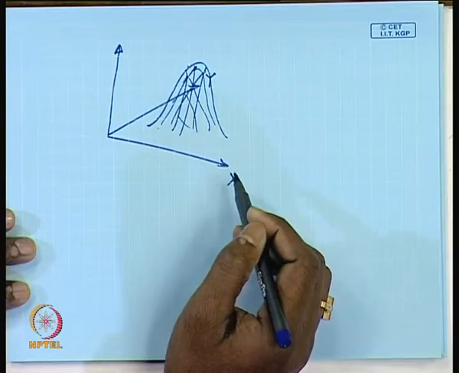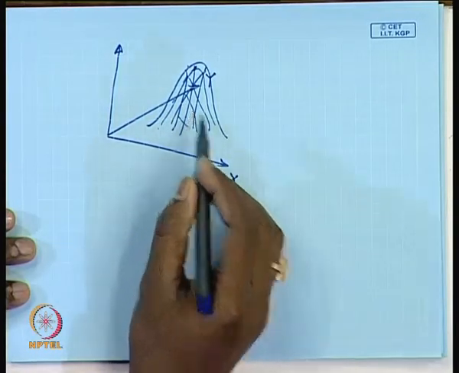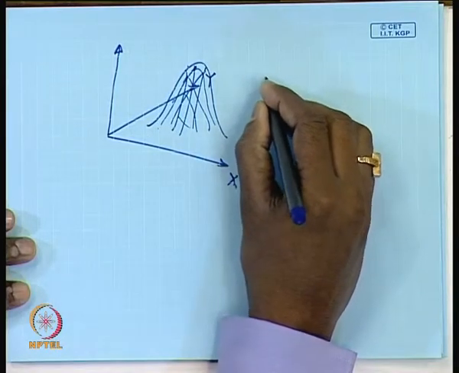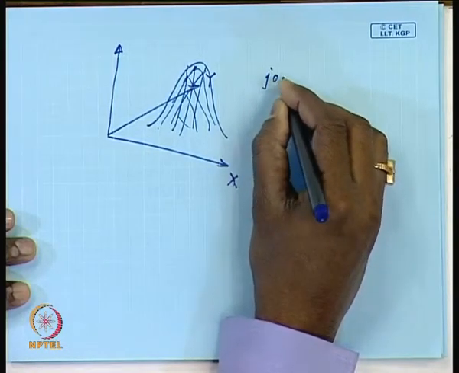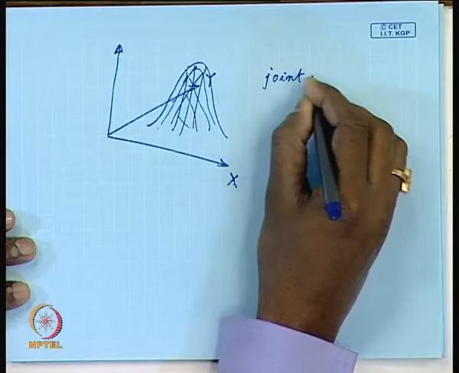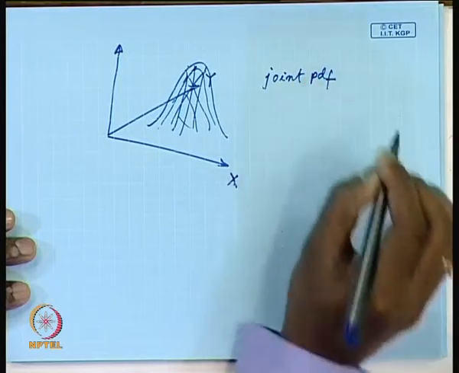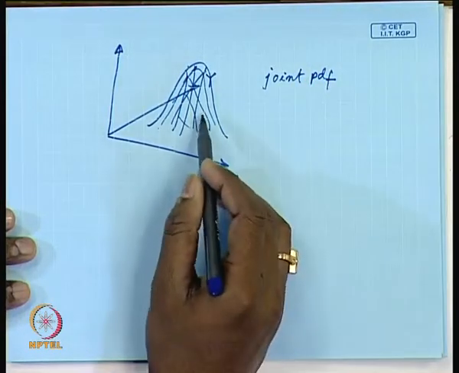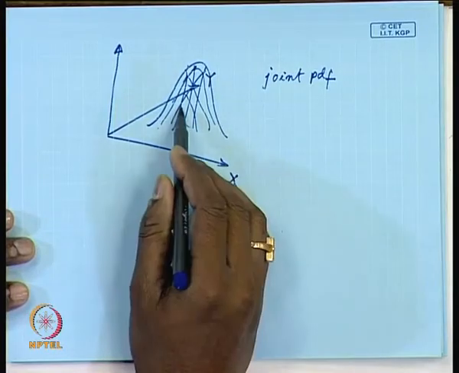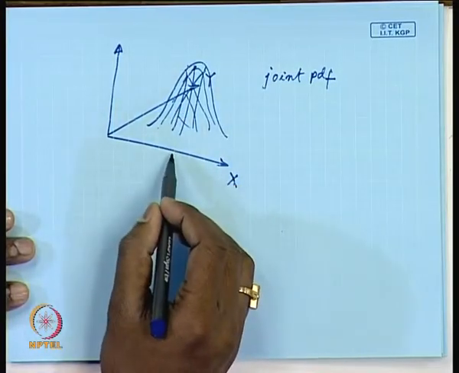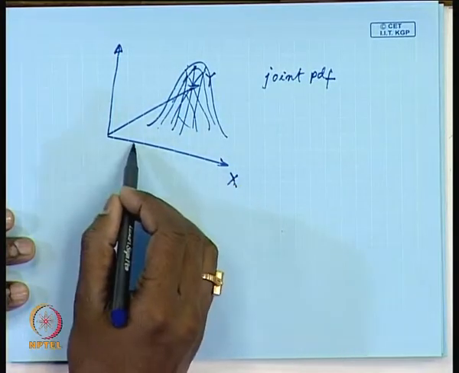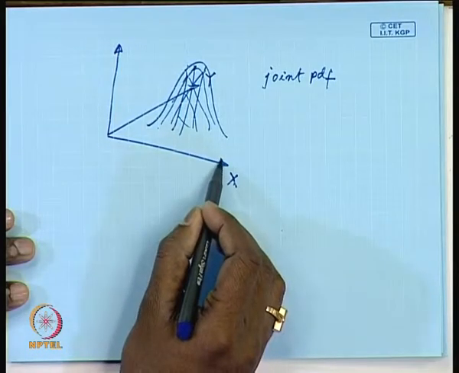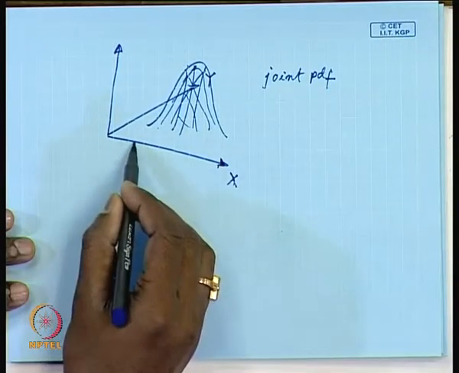So this is what we call the joint PDF that we discussed in the last class. Where the marginal comes in is that I just want to know the variation or the distribution of one random variable that is of interest to me.